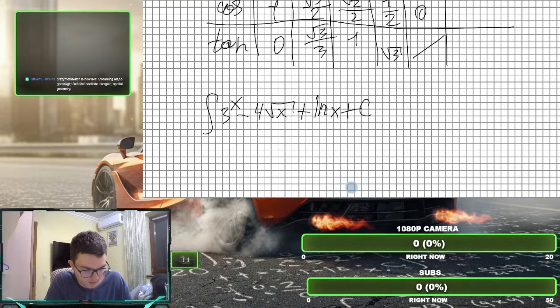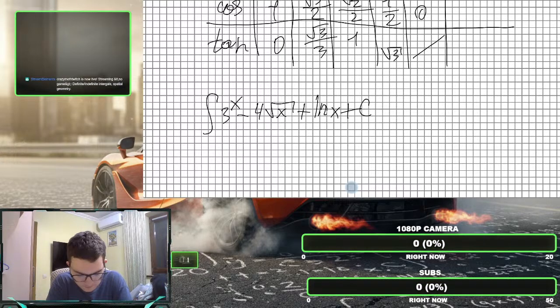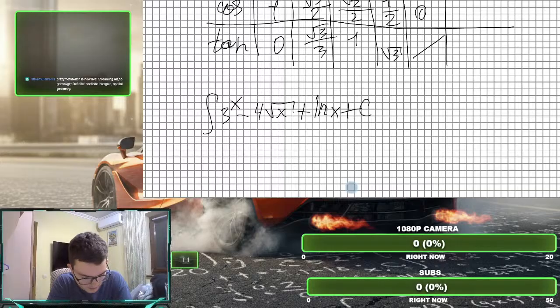Waiting a bit, like, it's not that big of a deal. Still in progress. So essentially, if you ignore the integral, let's see what happens.